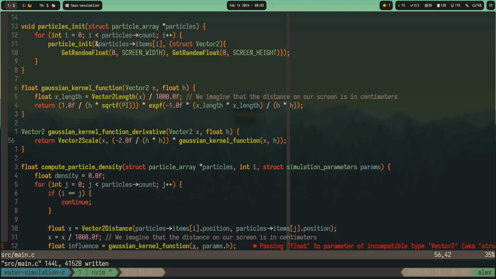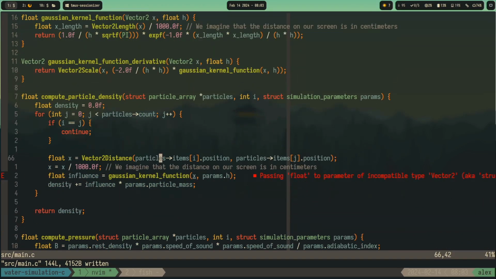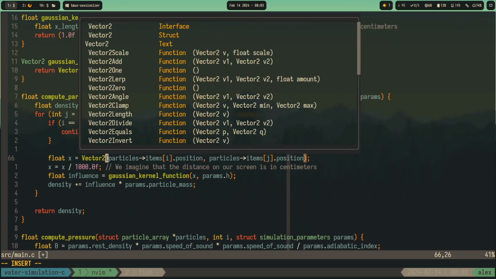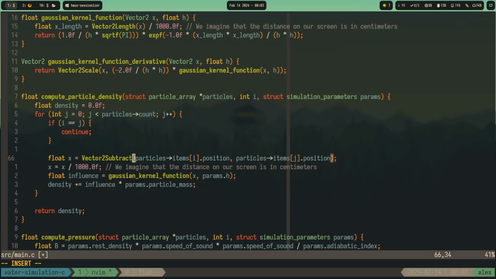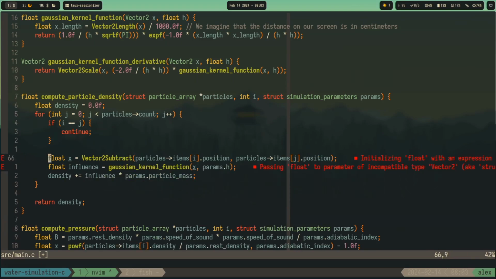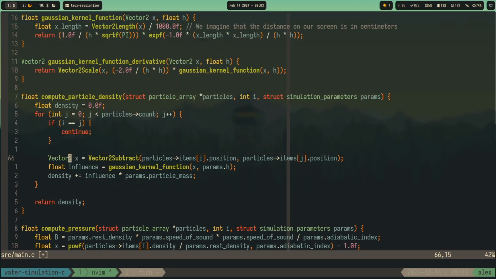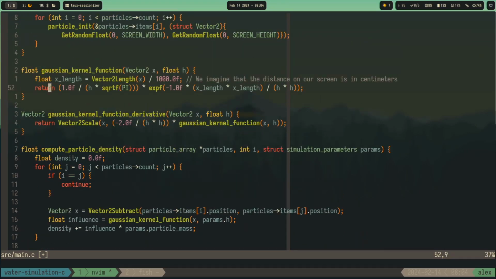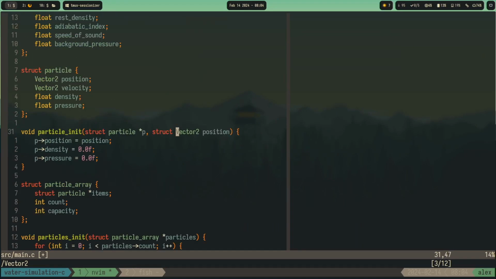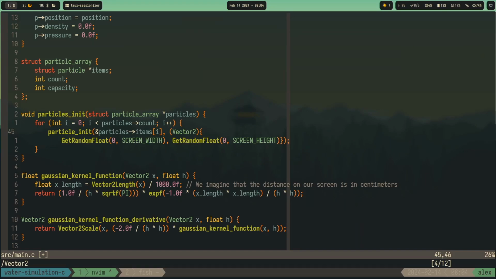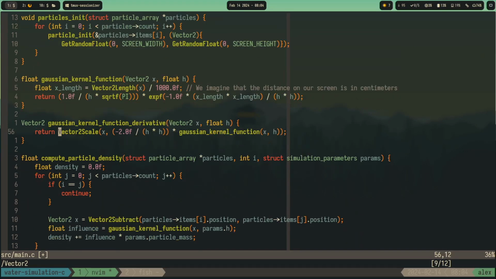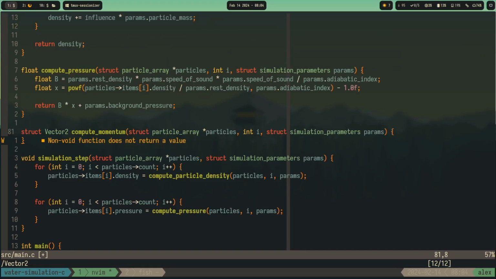Do this thing, and in this case let's do vector 2 subtract, and here we can say vector 2 subtract vector 2, or we can just say vector 2. That's really good because I didn't realize it was a typedef.